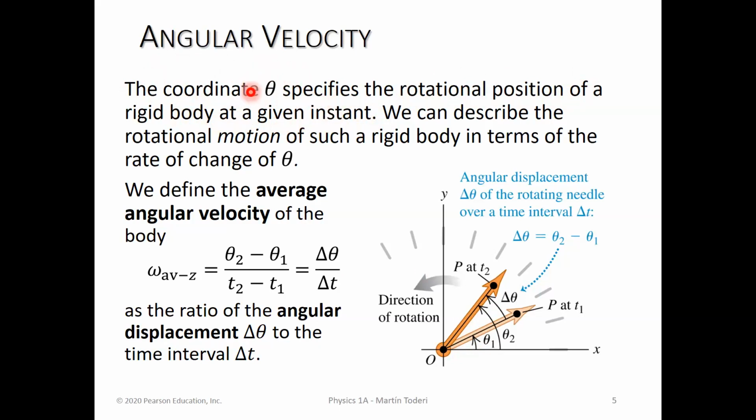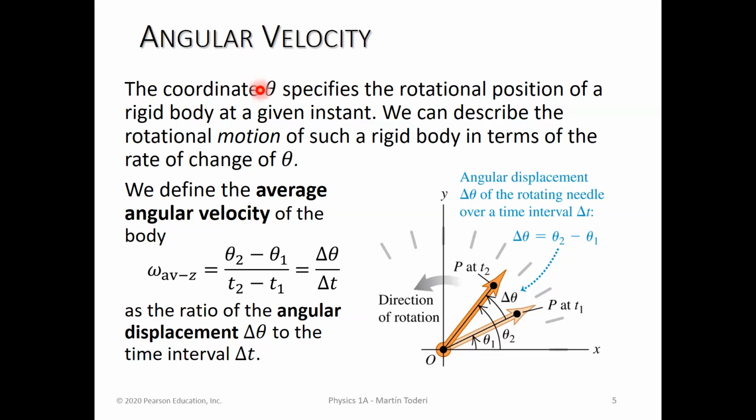And this is resembling what we call X or Y, the linear coordinate that we use to specify the position of a particle on any of the motions that we have studied: straight line, free fall, two-dimensional motion, a projectile, right?